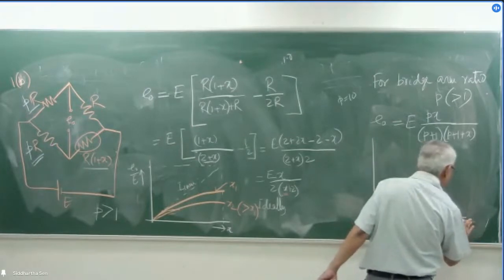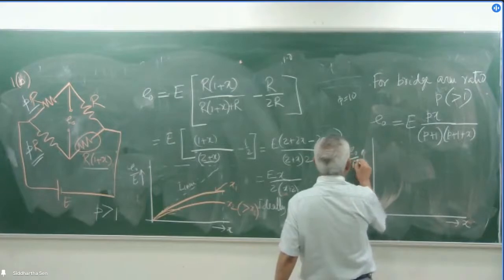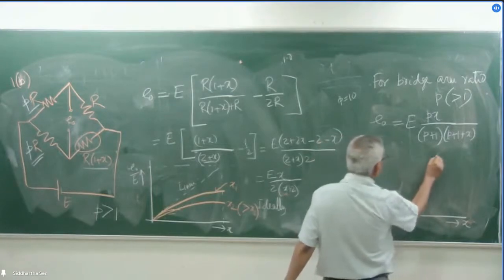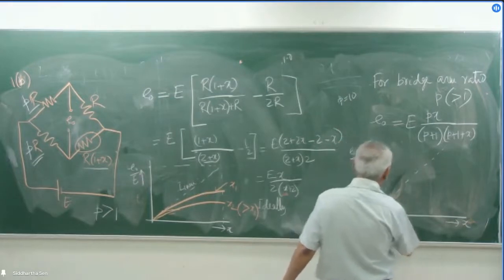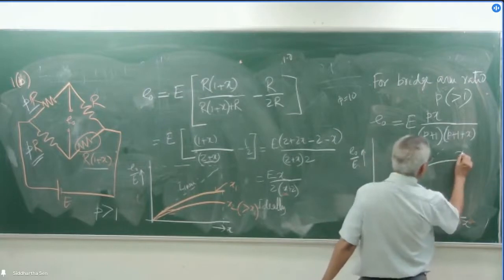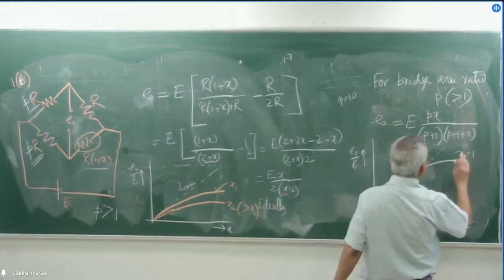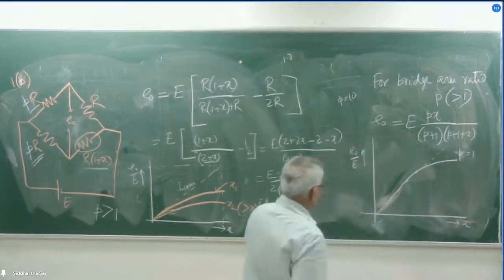So here it is x, and here it is E0 by E. If I look at it, this is P is equal to 1, that is the unit arm ratio there.